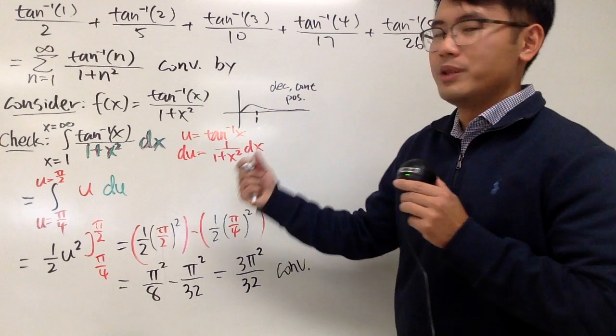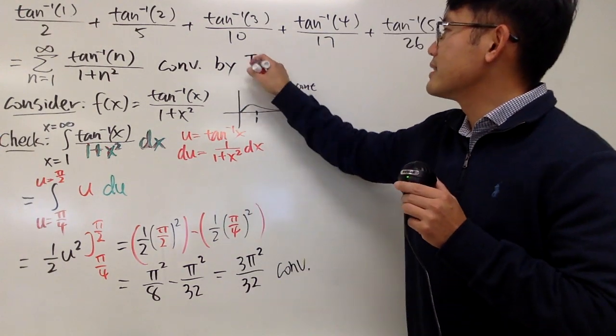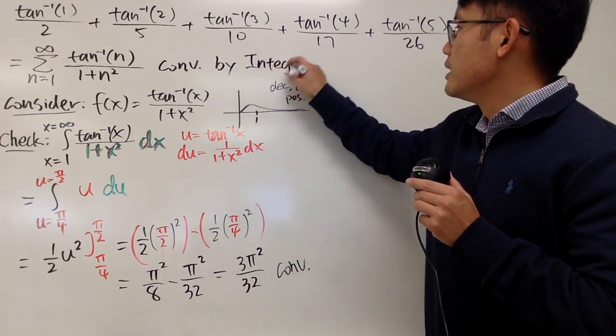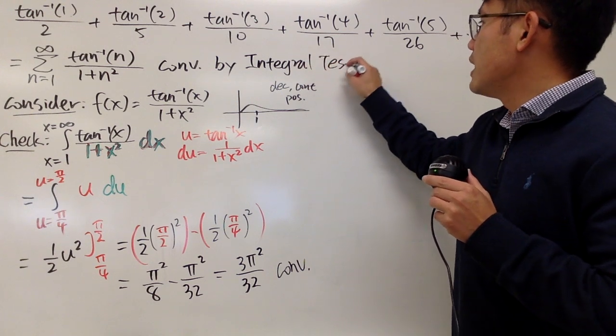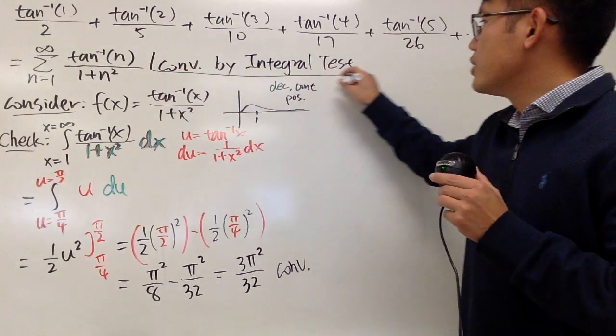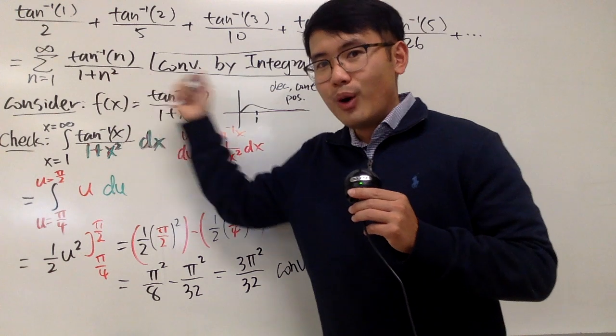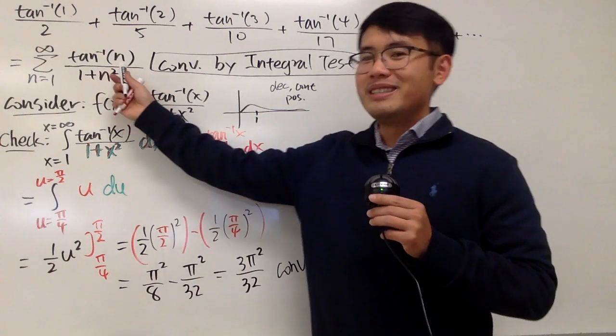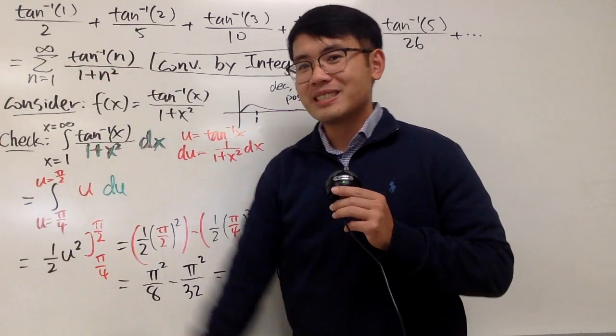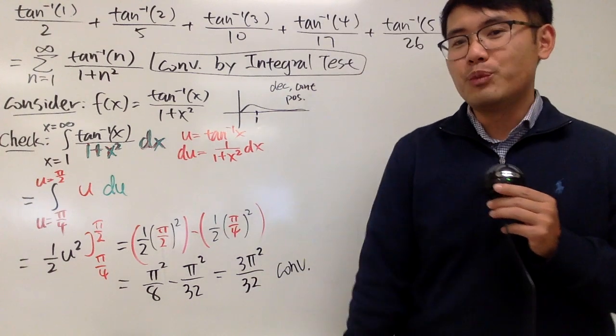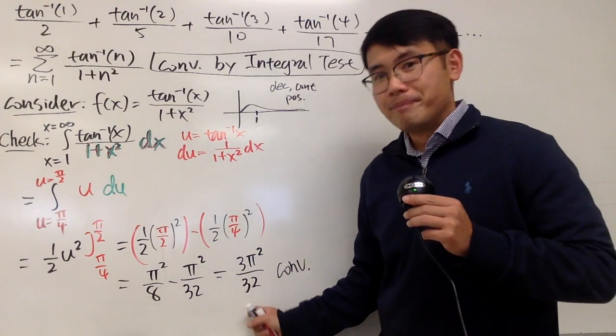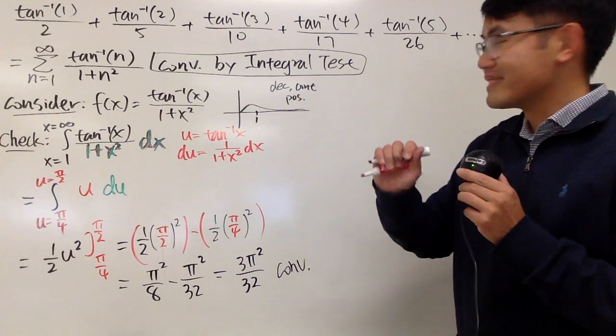Why? Of course, we did the integral, and that's the integral test. So just write this down right here for you guys. By the integral test. And this is all you need to show. I have absolutely no idea how big this sum is going to be, but I just know that it will have to be finite thanks to the integral test. So that's it.